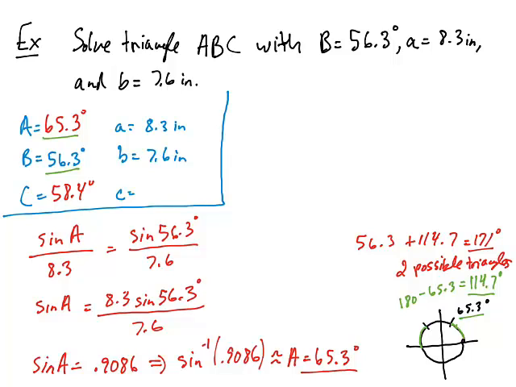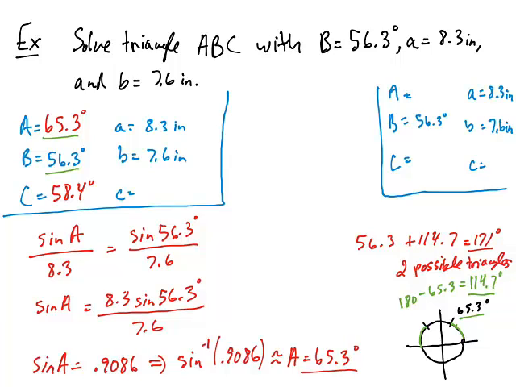Alright, so what we need to do is just set up a second table here with all the values, and that'll allow us to fill in everything for that second triangle. I filled in the given values. We found angle A to be 114.7.